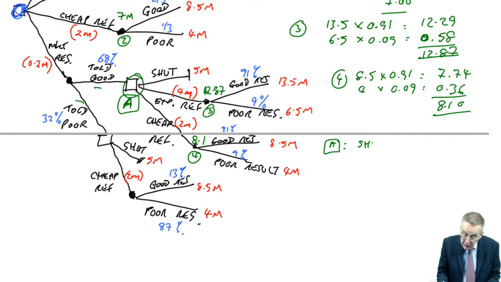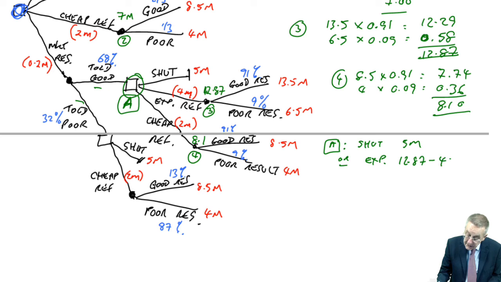With the choice, we either shut and we get 5 million. We've paid 0.2 million for the research, whatever happens. But having paid that, we shut and get 5 million, or we do the expensive, we'll get 12.87 million, but we'll have had to pay 4 million, so a net 8.87 million.